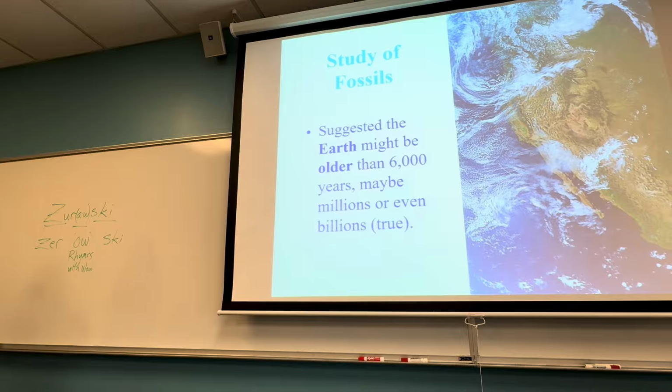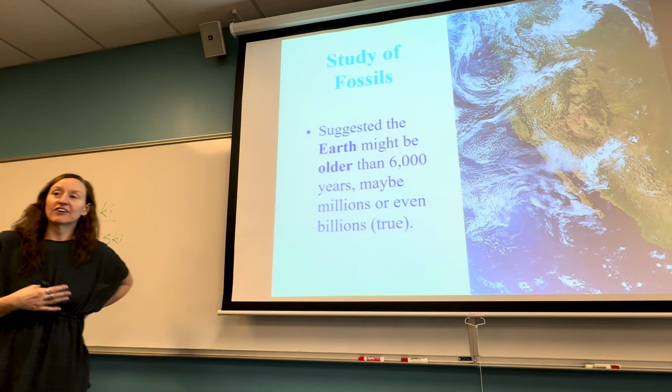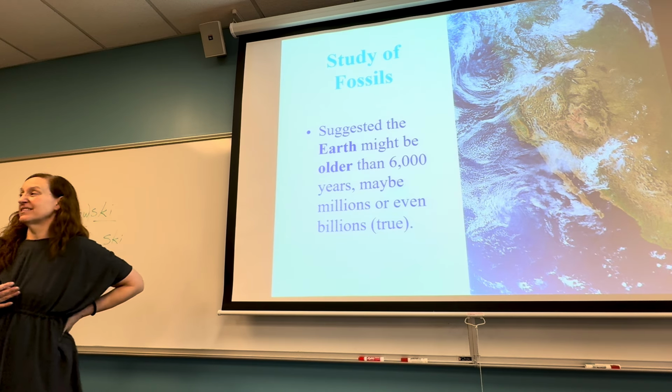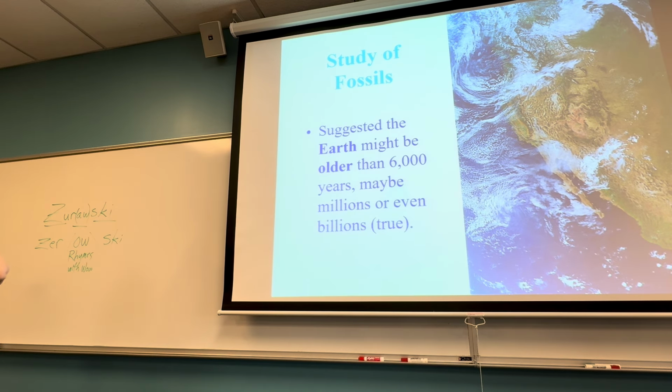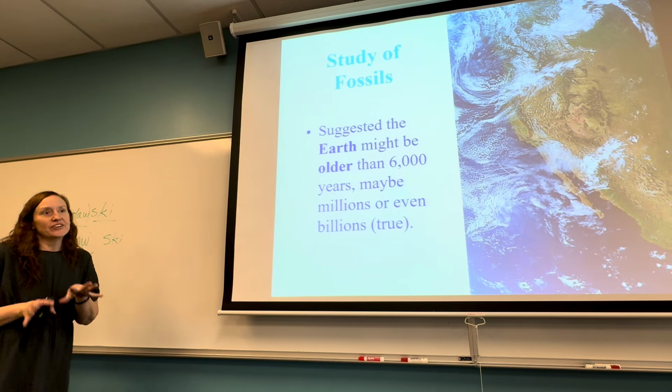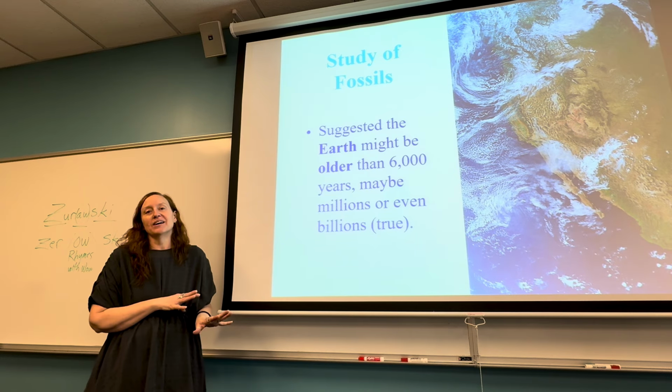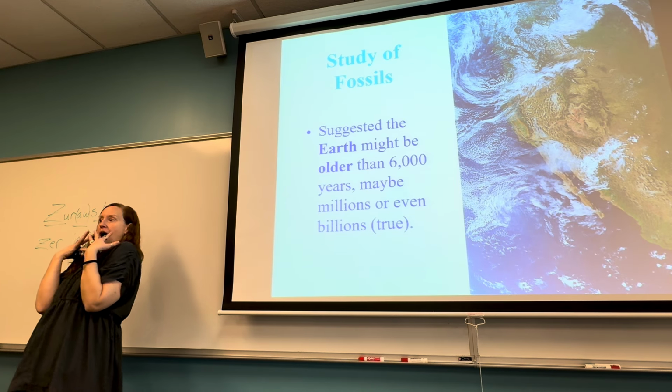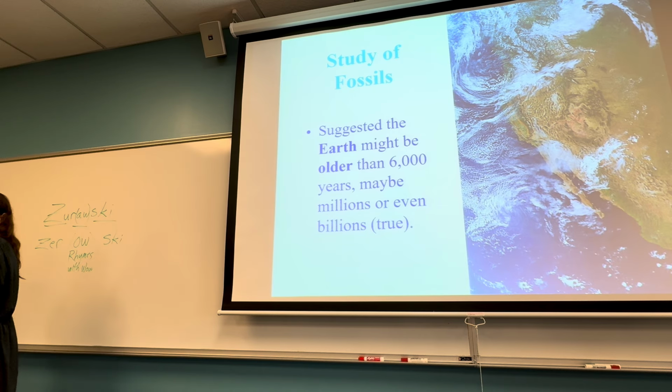What we know today by studying fossils, by studying different layers of sediment in the ground, is that the Earth is about 4.6 billion years old. So it's kind of interesting that early on when different cultures began philosophizing and saying, based on these fossils, I don't think it's 2,000, I think it's like 6,000, people were like, oh my gosh, that's ridiculous, right? Now go from 2,000 to 4.6 billion.